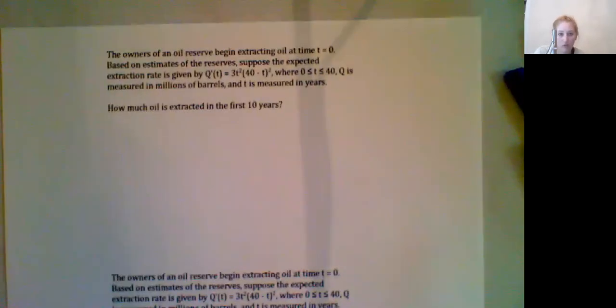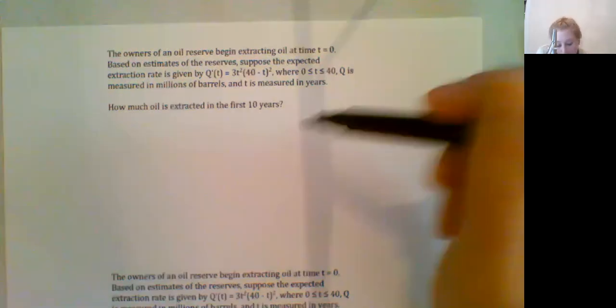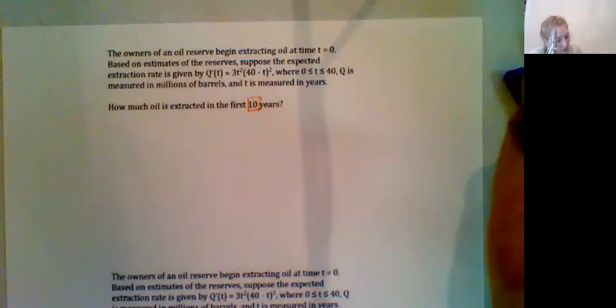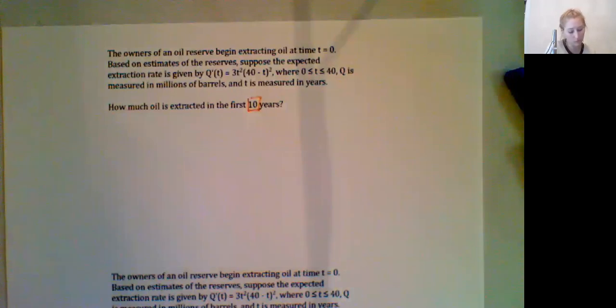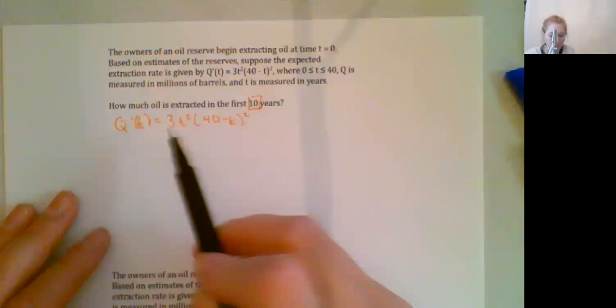We have the owners of an oil reserve extracting oil at time t equals 0. It wants us to find how much oil is extracted in the first 10 years. So first, for my equation, I'm going to FOIL this and then factor it, because it's going to be too messy to integrate otherwise.